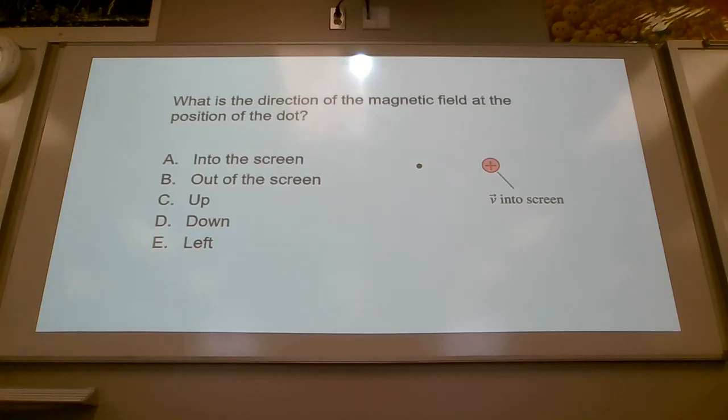Good with that? Right hand rule. Technically, if it was a negative charge, you'd use your left hand. But you don't have to worry about that. Just giving you full disclosure.